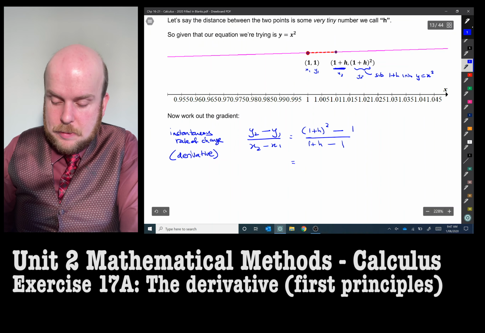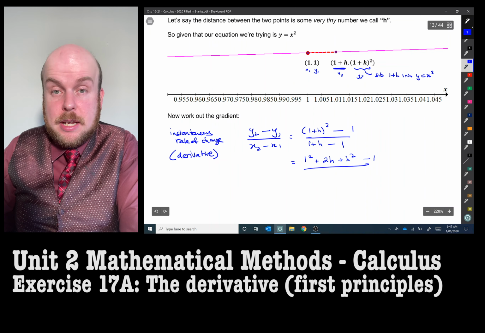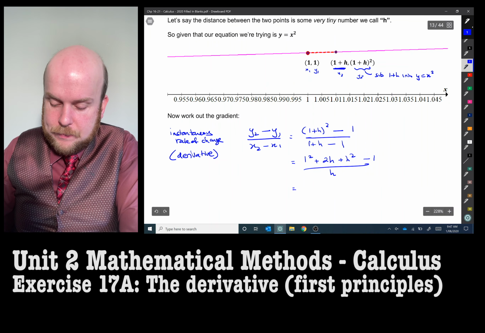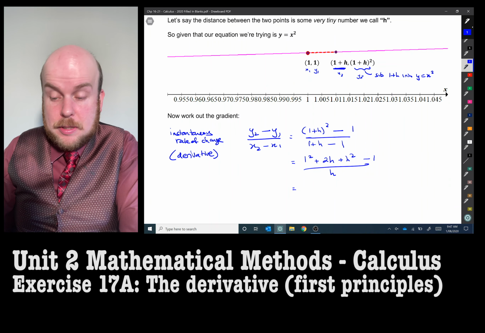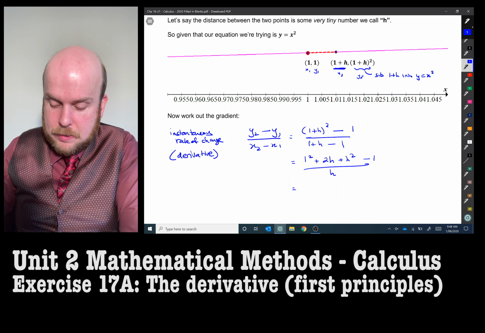And so then I just need to expand that top line: 1 squared plus 2h plus h squared minus 1. 1 plus h, take away 1, it will just leave me an h. And so 1 squared is 1, take away 1, 0, 2h plus h squared over h.